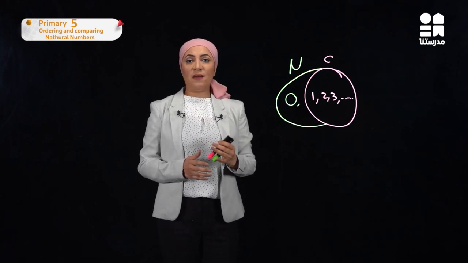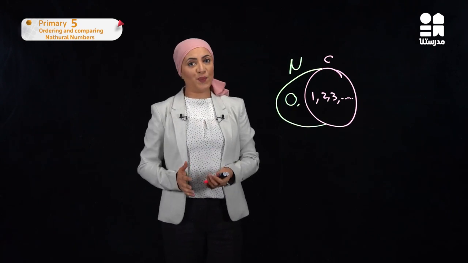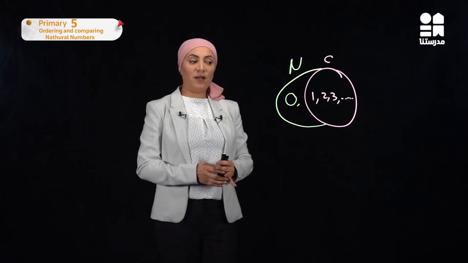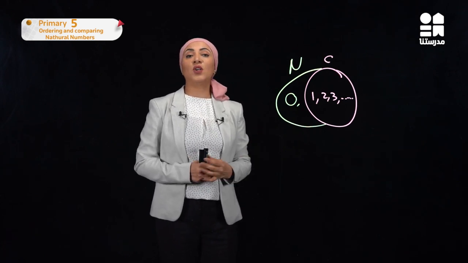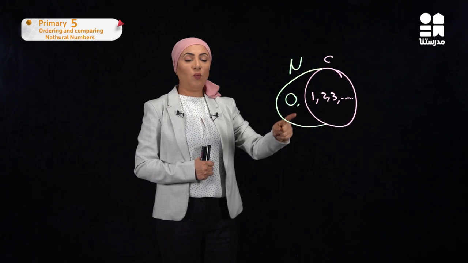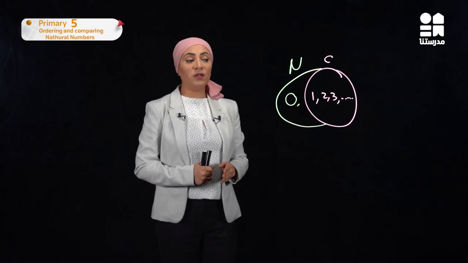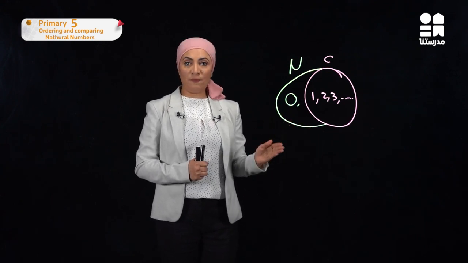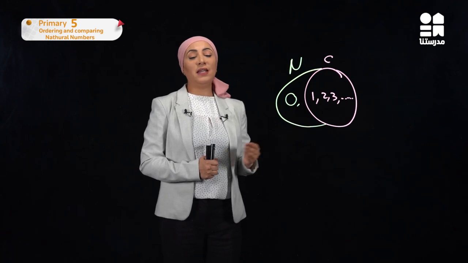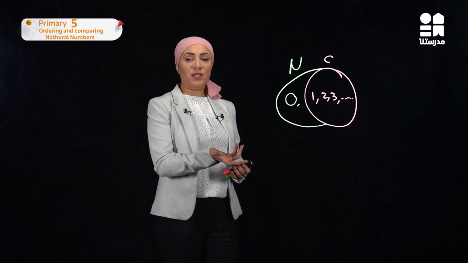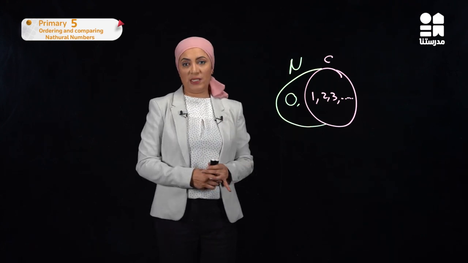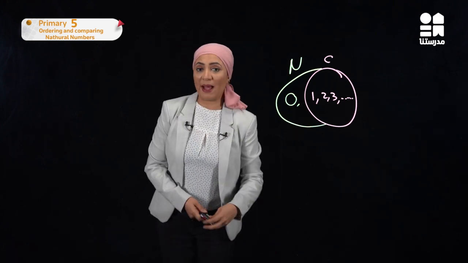Of course, I don't have half a person or a quarter of a person. So here I count in whole numbers, and I start counting by 1, 1, 2, 3, 4, and so on, because as we said, this is an infinite set. Then if I want to turn it into a set of natural numbers, all I need to do is add a 0 to it. Okay, let's go back and finish our work.